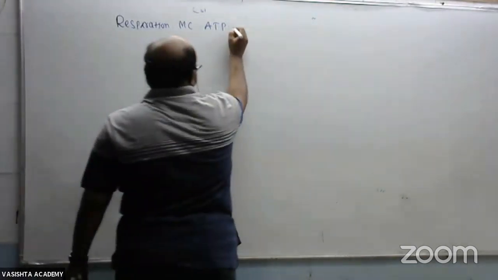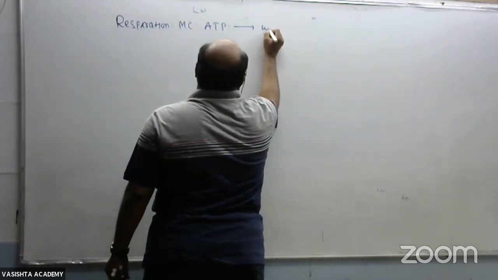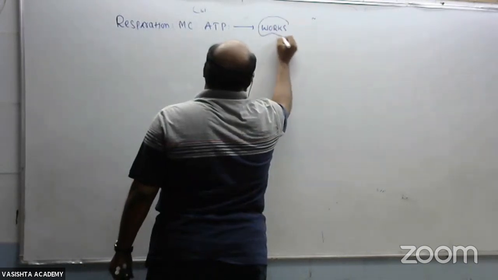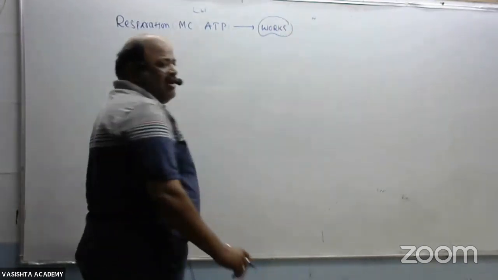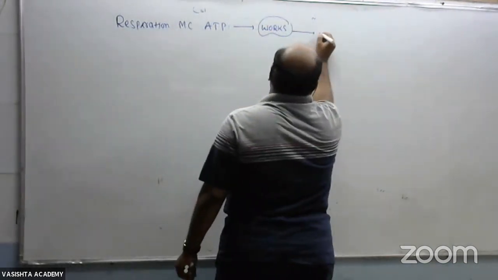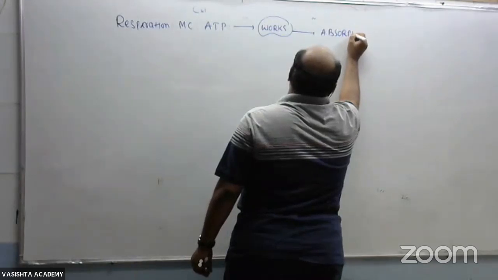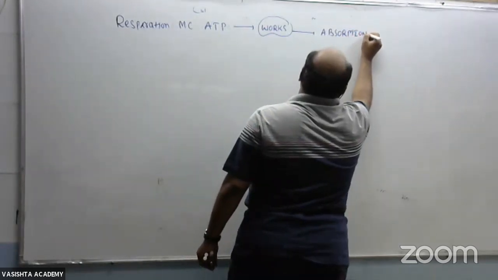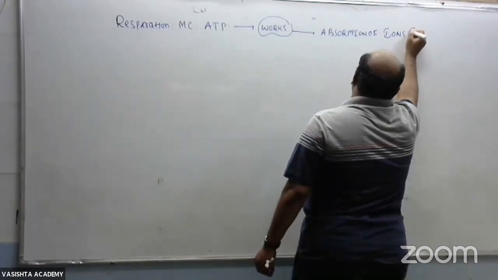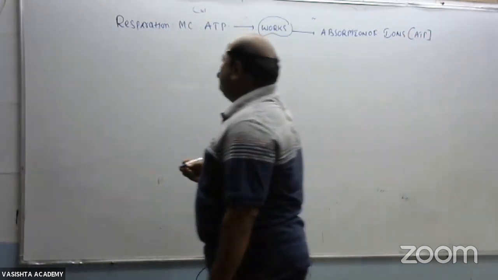Whenever ATP is formed, this ATP is utilized to do various kinds of functions or work. For example, here we will take one of the works, which is absorption of ions by utilizing these ATP molecules.